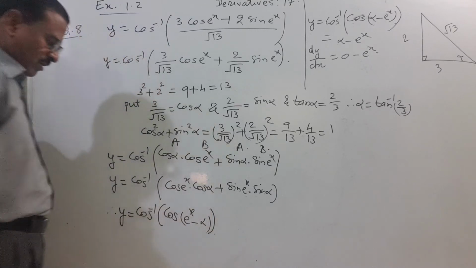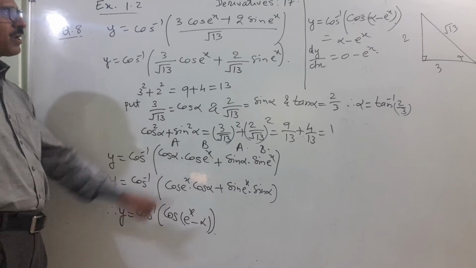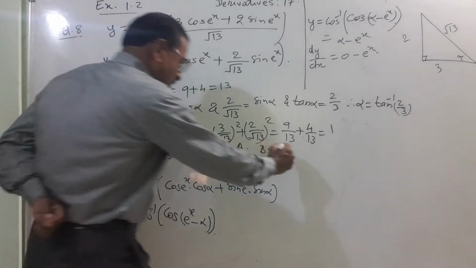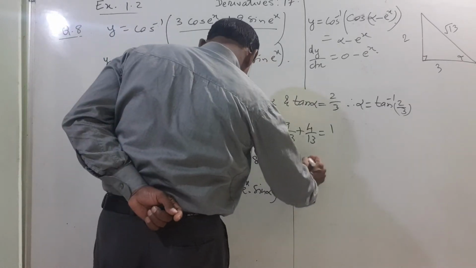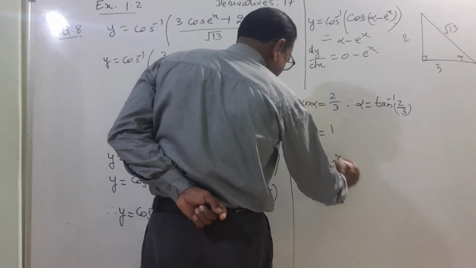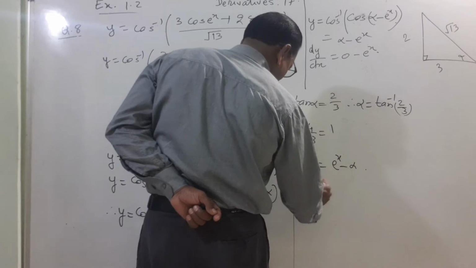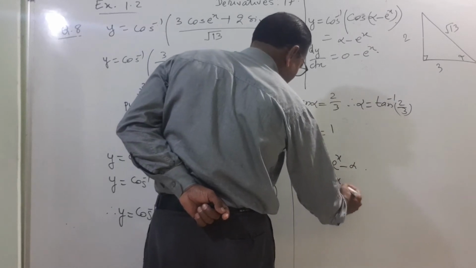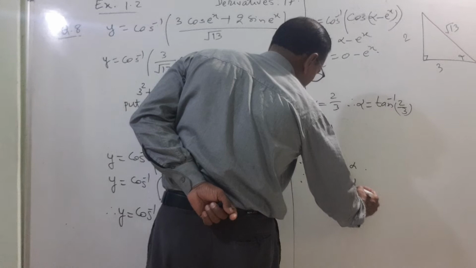Check this. This is also correct, that is also correct. Therefore, y is equal to cos inverse cos cancel and e raised to x minus alpha, means tan inverse of 2 by 3.